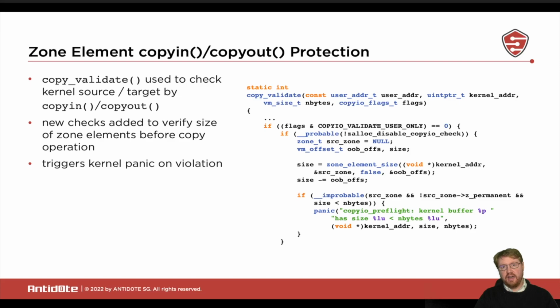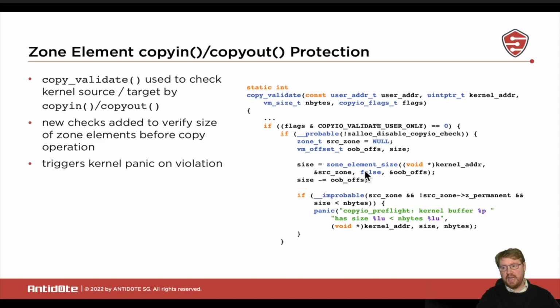They basically modified the copy validate function. This is a function that exists for a long time to validate the kernel target or kernel source in a copy in or copy out operation. So there were things in there like validating that it's actually a kernel pointer or validating that the size is not over a giant threshold, because then we always have the kernel panic. These kinds of validations are done inside this copy validate function, but now they have also added checks for the size of zone elements.